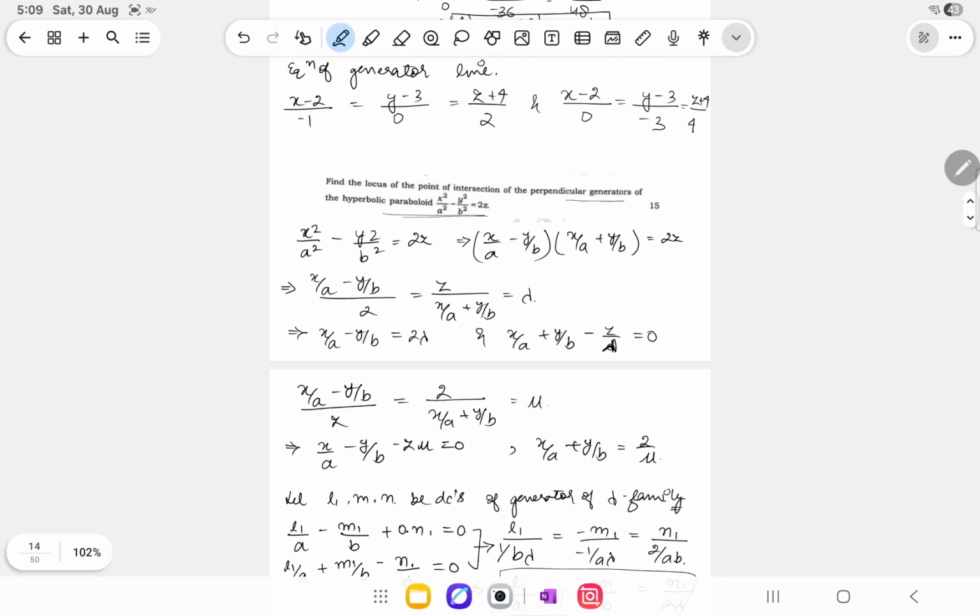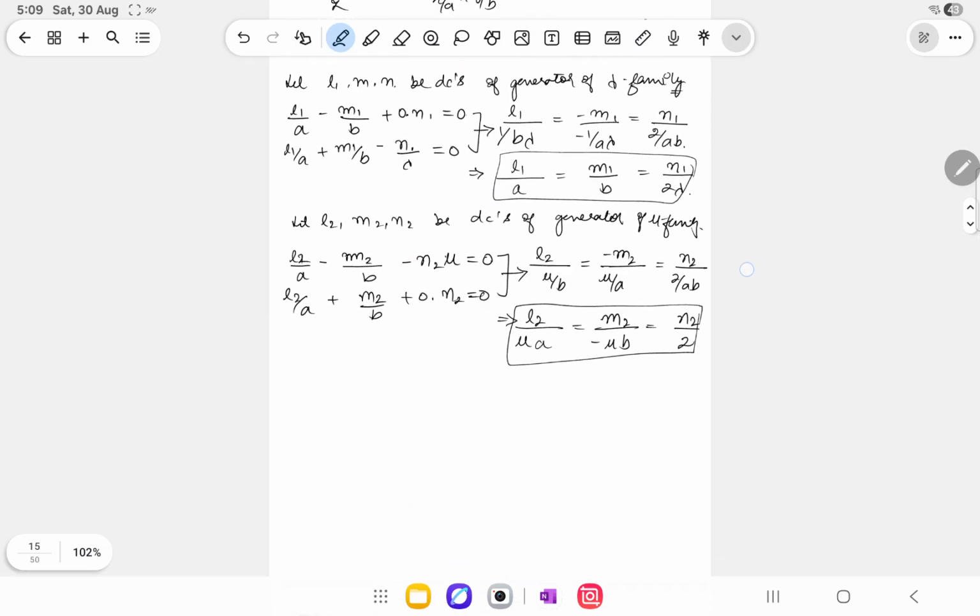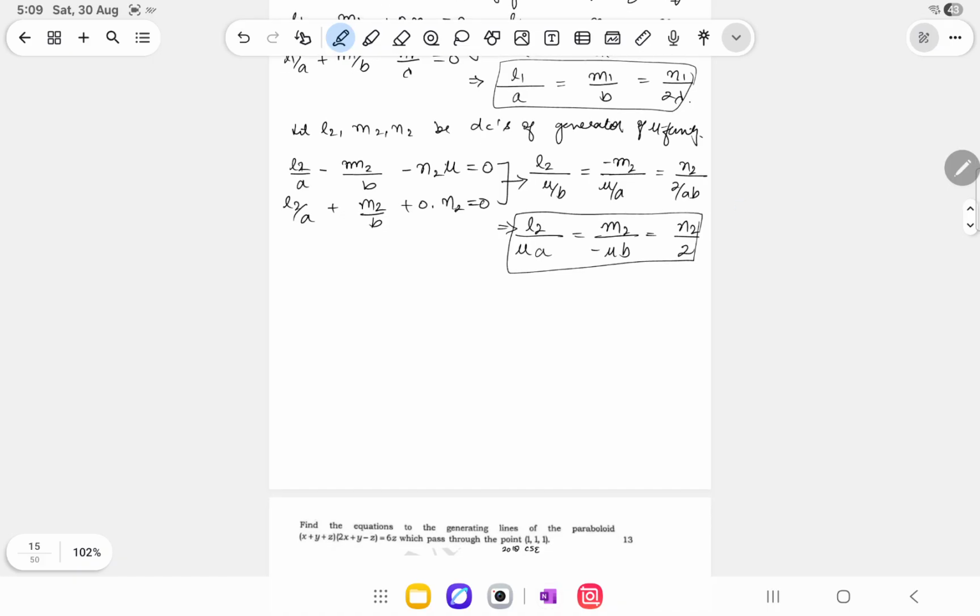And the question further says that we're supposed to find the locus of intersection points of perpendicular generators. So it is given that these two generators are perpendicular to each other, and if that's the case, then l1 l2 plus m1 m2 plus n1 n2 must be 0.